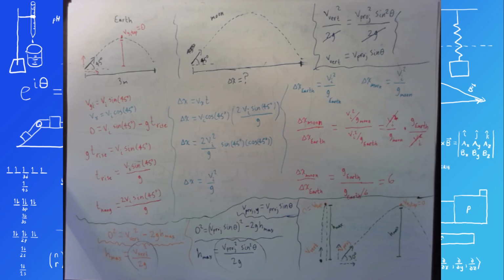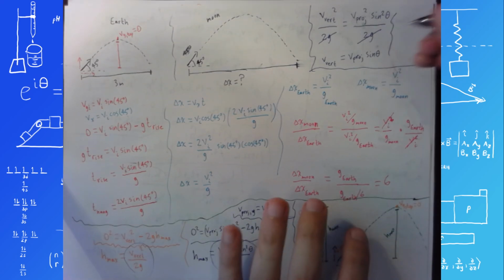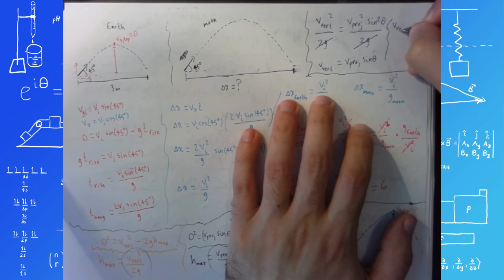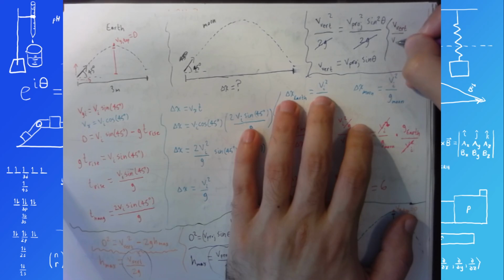Switch colors here. What color have I not used in a while? I guess purple. So I get V vert over V proj equals sine theta.